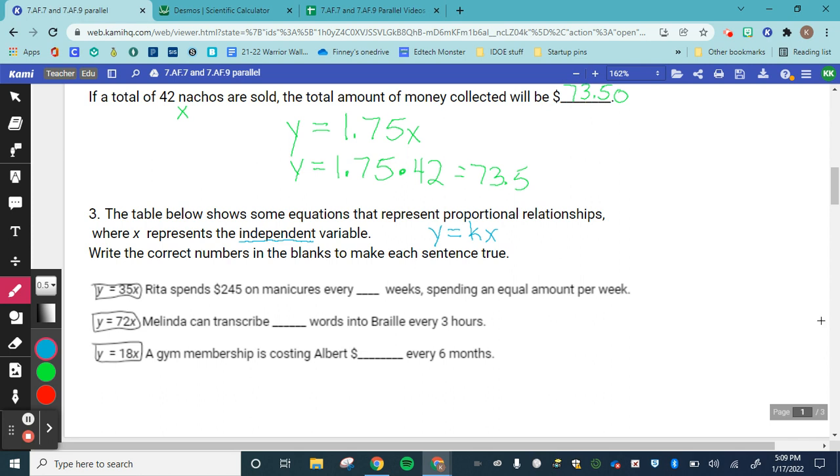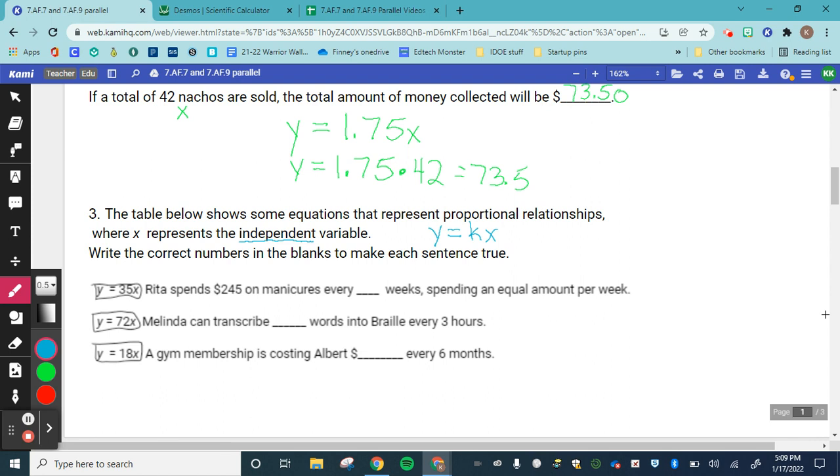Write the correct numbers in the blanks to make each sentence true. Y equals 35x. Rita spends $245 on manicures every blank weeks, spending an equal amount per week. So I look and I see y equals 35x.